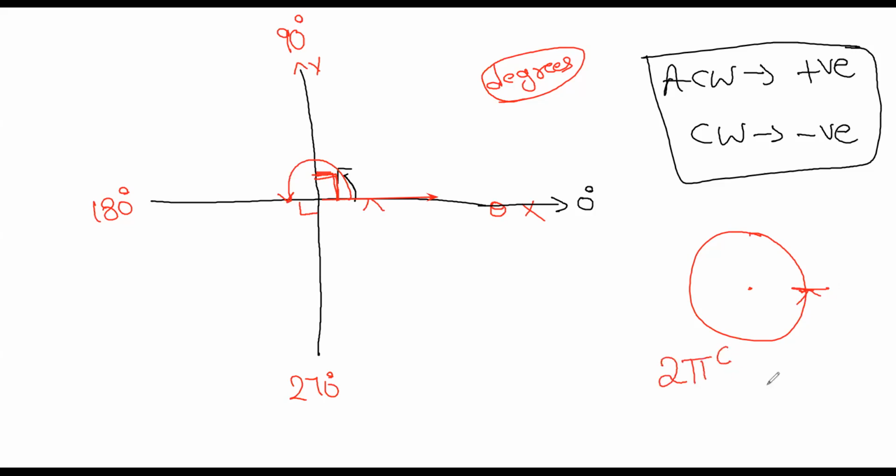So 2 pi radians is equivalent to 360 degrees. With this conversion, we will find all the values of degrees in radians.